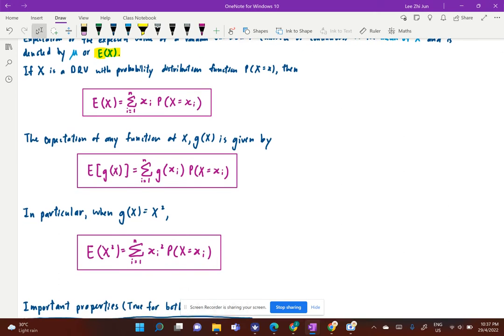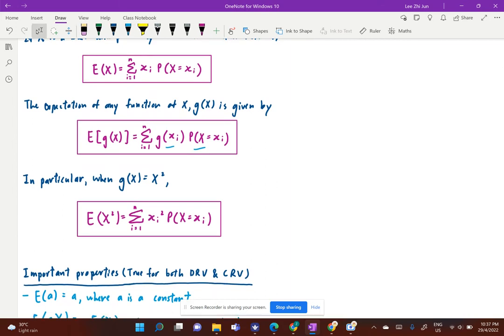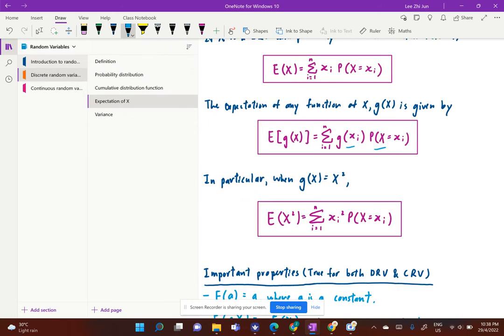The expectation of any function of X is given by the function times the probability. So later we will note, in particular, when g(x) equals x squared, it will be x squared times this probability.